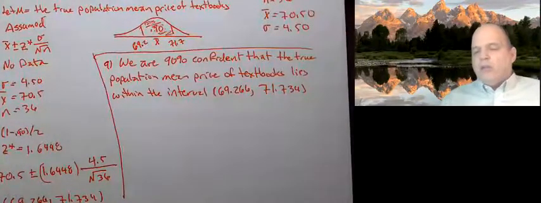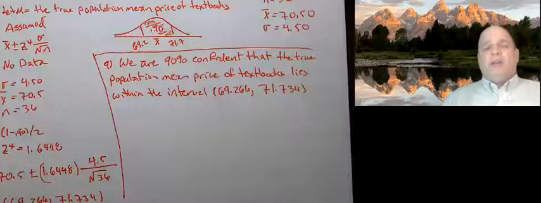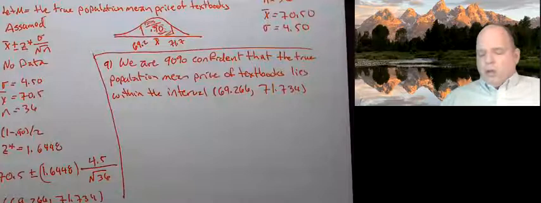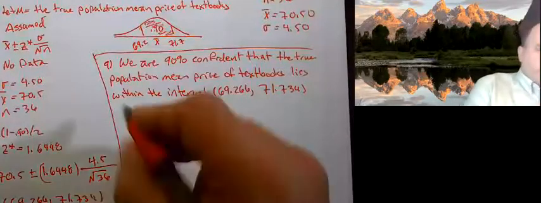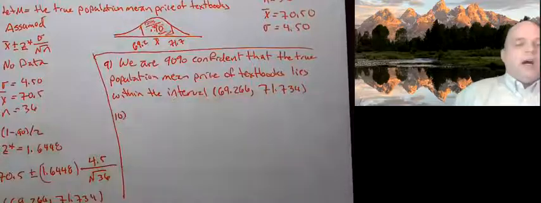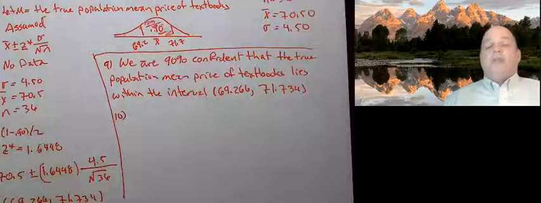That's what we think it's going to cost, or that's what we think the market bears. And we're 90% confident that it's going to be somewhere in there. Now, the fact of the matter is, there's a 10% chance that we're wrong. Okay, there's a 10% chance we're going to be wrong. Now, they didn't ask us to explain the confidence level, but we're going to go ahead and do this, even though they didn't ask us to.